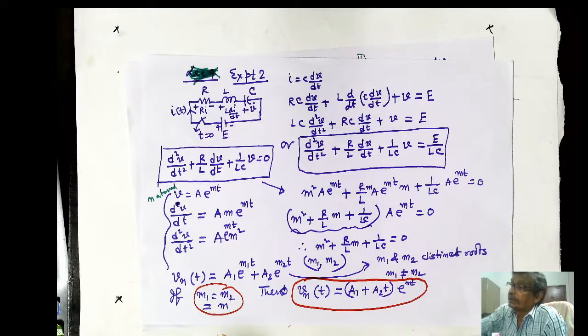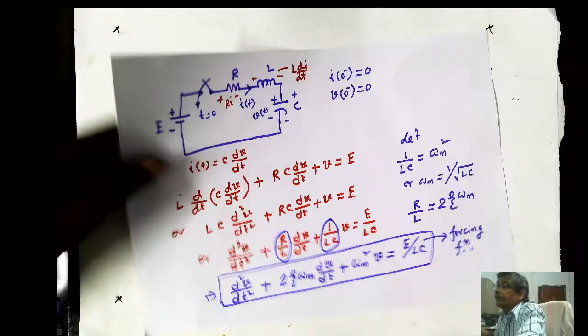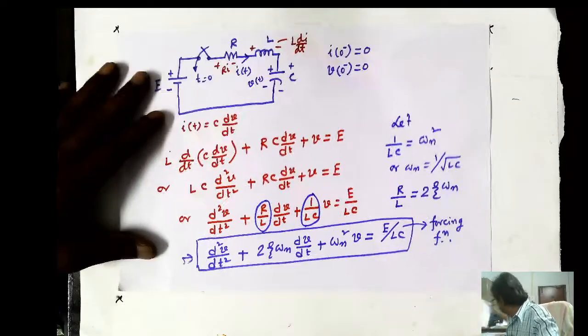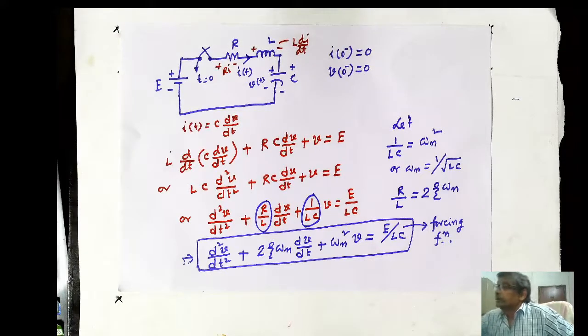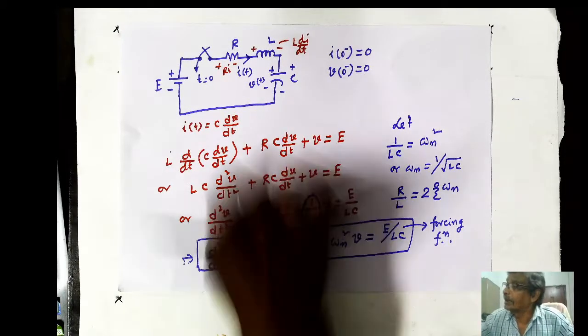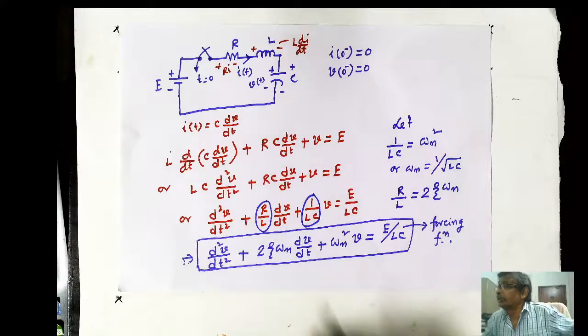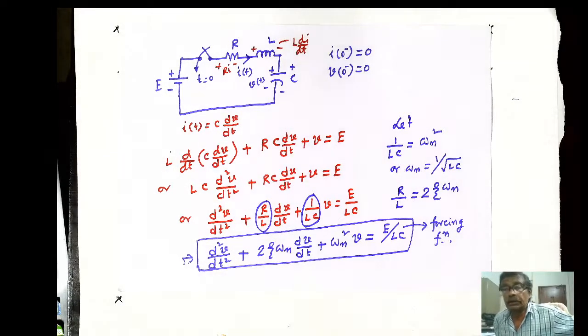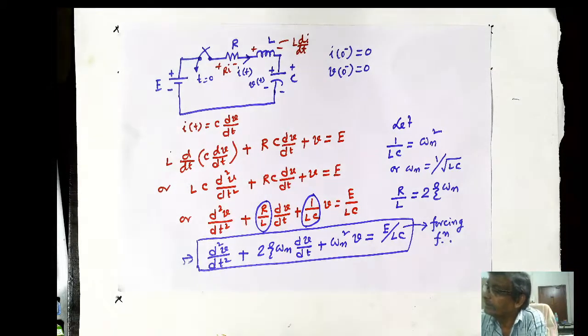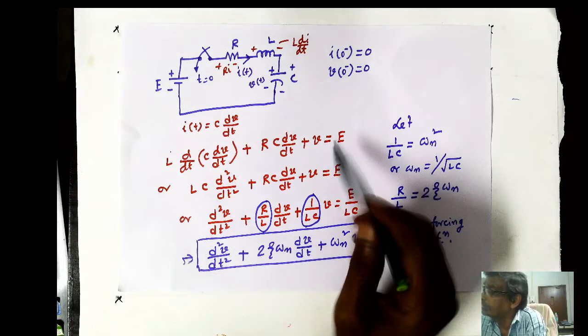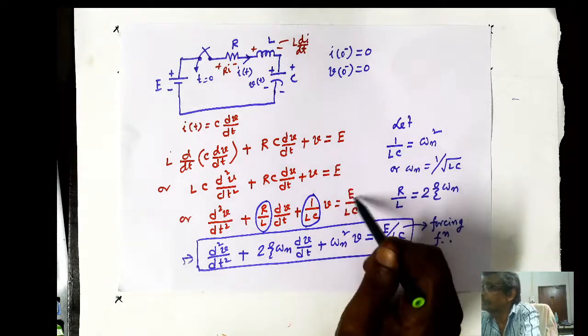Now if this is the natural response of this circuit, we will expect that for this circuit, once again the same slide, we have to find out the roots. This is the original differential equation, which we saw in the last slide.